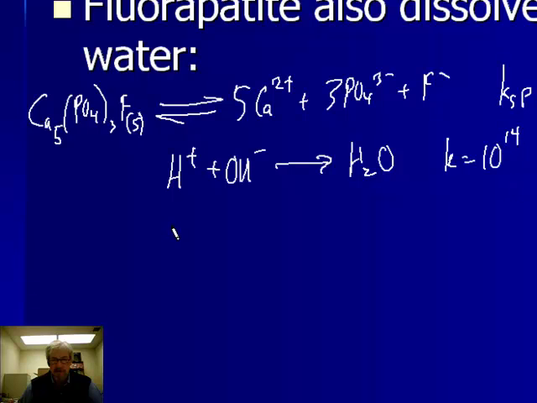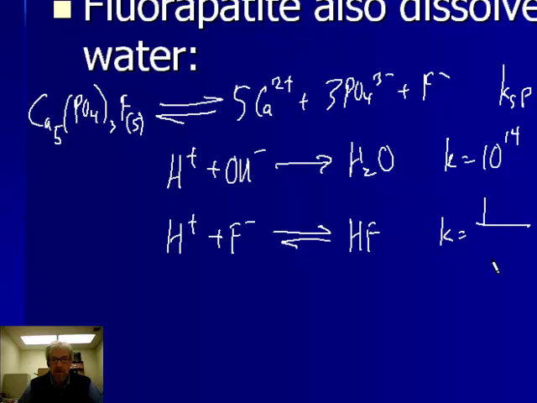Now, if H+ is introduced into a mouth that has fluorapatite enamel, the reaction here is more of a reversible reaction because F- is a weak base, and so you're going to get HF produced not quite as strongly. Now, K here turns out to be 1 over the Ka for HF, and Ka for HF is 3.5 times 10 to the minus fourth.